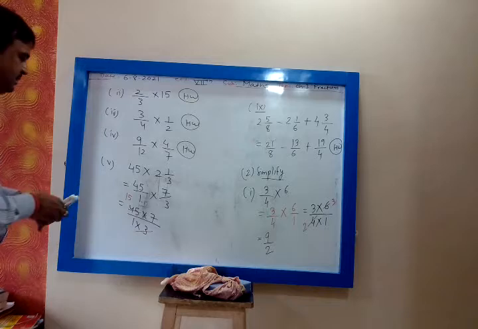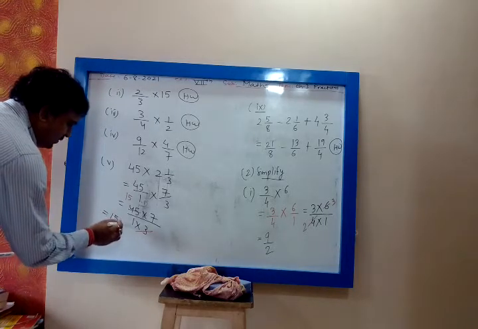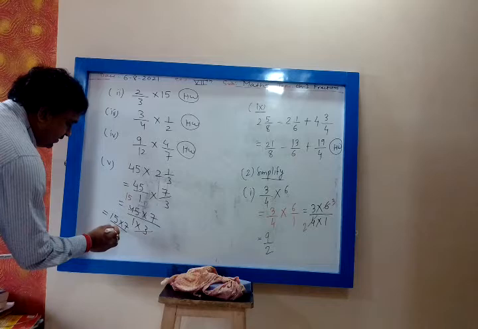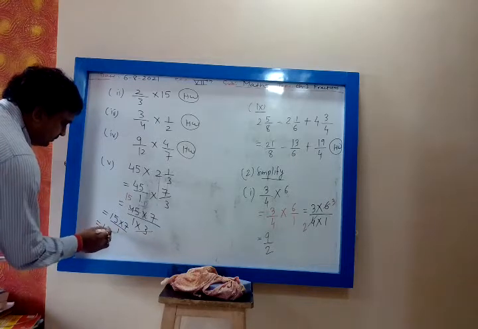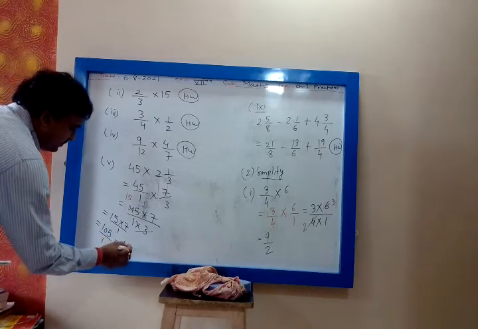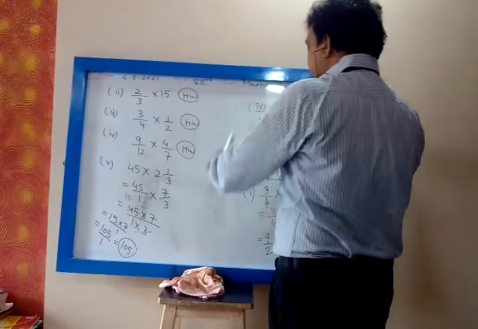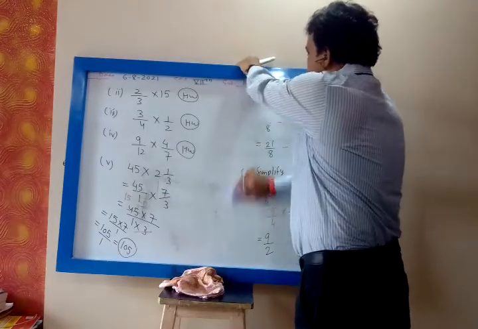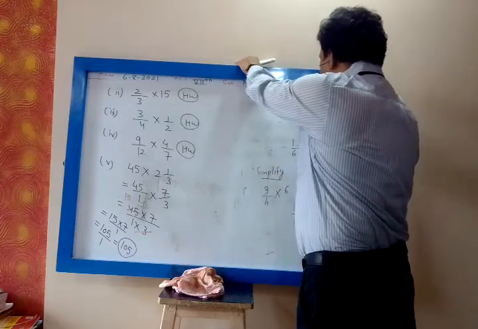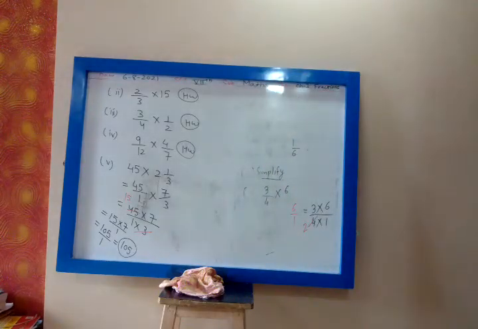So answer is 15 into 7 upon 1. That is 105 upon 1. Answer is 105. 105 upon 1 will be 105.